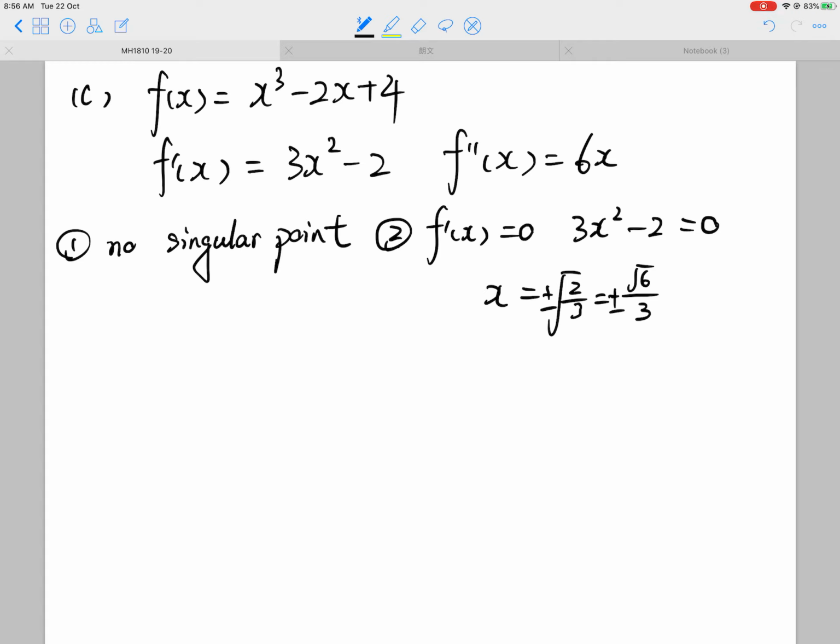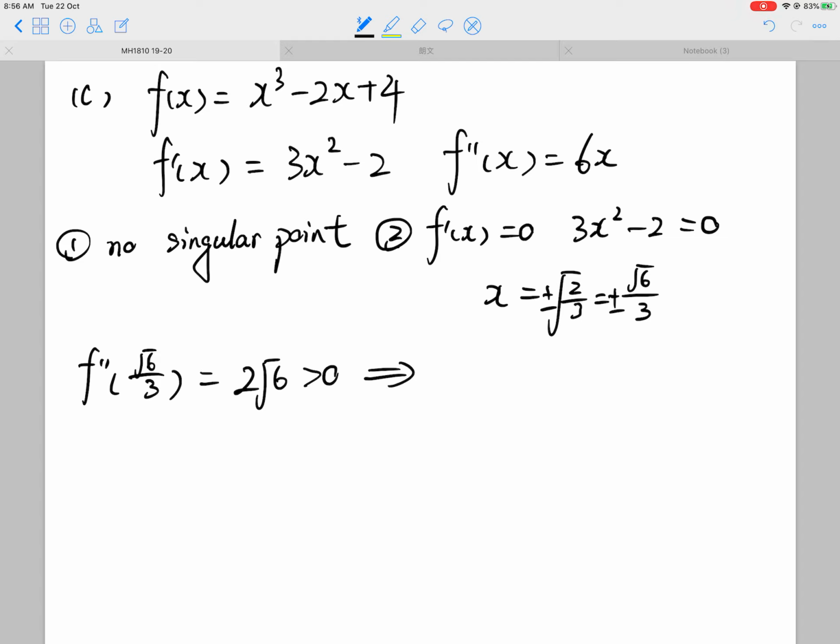Okay, so you have two stationary points, right? Then what about their second order derivative? The second order derivative is 6x, right? It's 2 square root of 6, which is greater than 0, right?